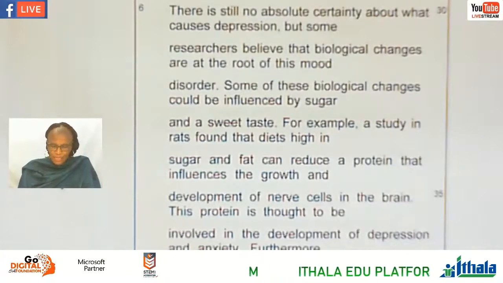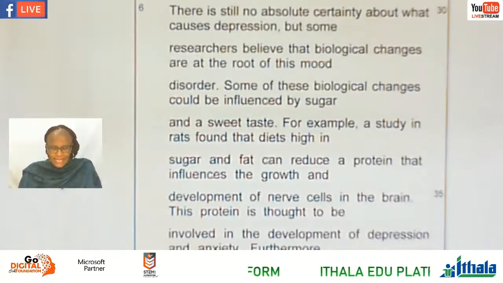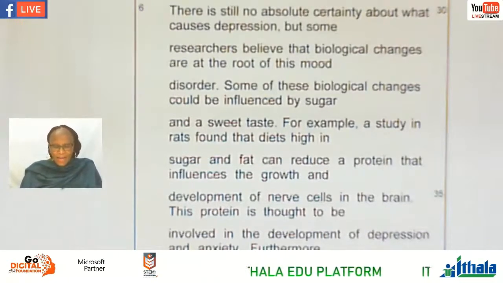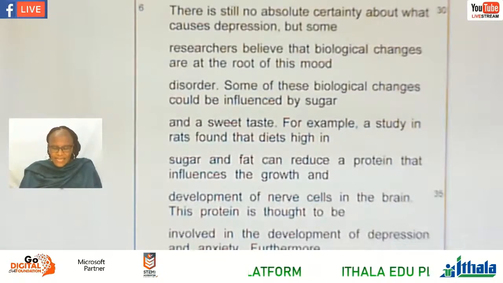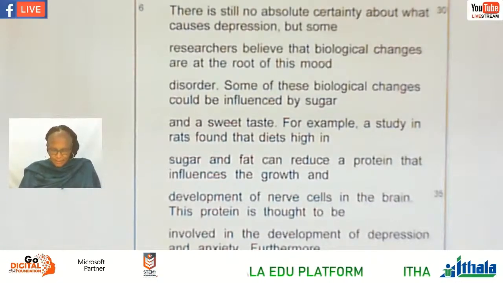Some of these biological changes could be influenced by sugar and a sweet taste. For example, a study in rats found that diets high in sugar and fat can reduce a protein that influences the growth and development of nerve cells in the brain.